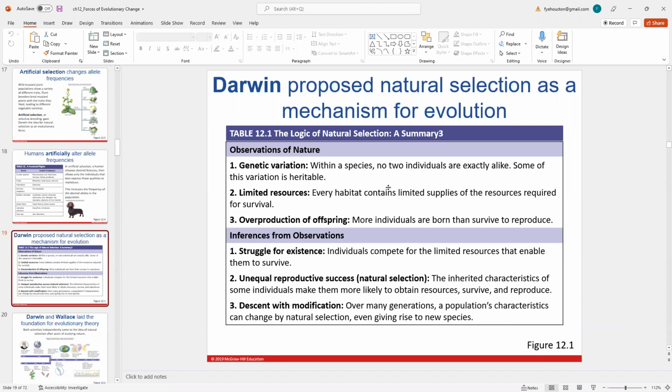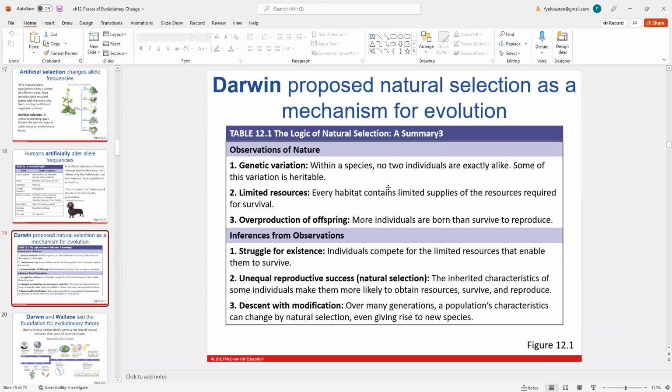Natural selection deals with limited resources. Every habitat contains limited resources. And last but not least, overproduction of offspring. Almost always there are more offspring born than are able to survive. So some offspring in every generation will not be able to breed, or will not be able to reproduce.